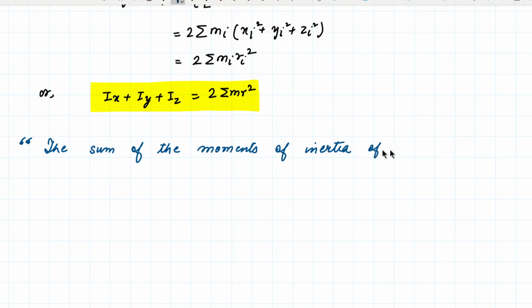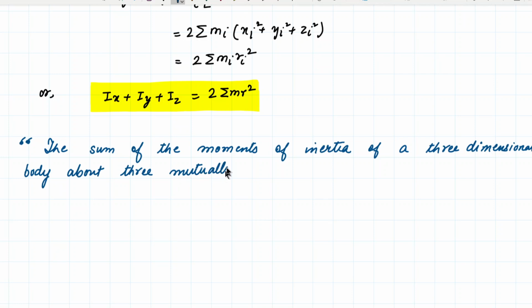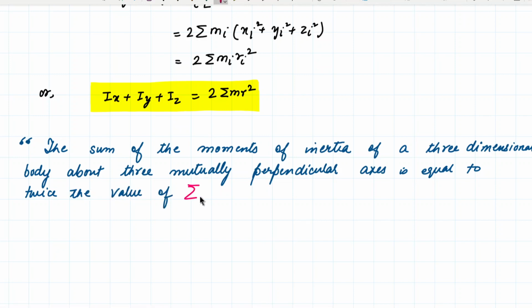The sum of the moments of inertia of a three-dimensional body about three mutually perpendicular axes is equal to twice the value of sum over mr square about their common point of intersection.